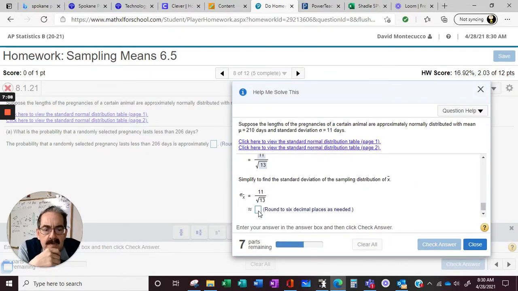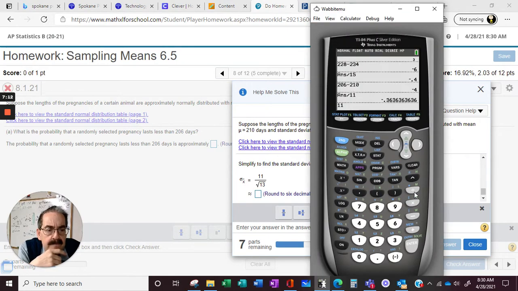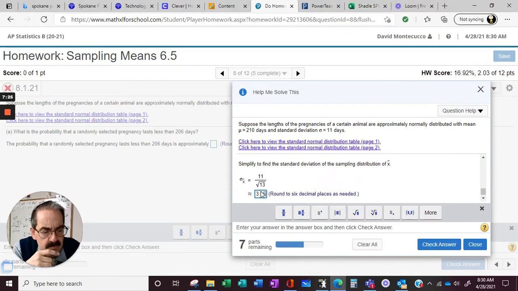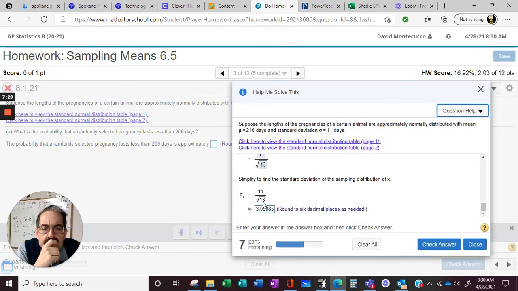So now round to 6 decimal places. 11 divided by the square root of 13 is 3.05085, 1, 2, 3, 4, 5, 6 decimal places.